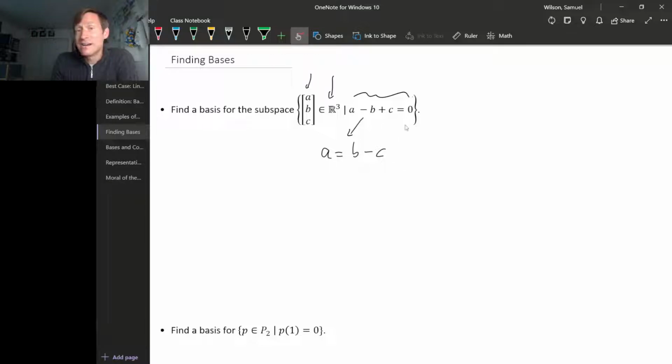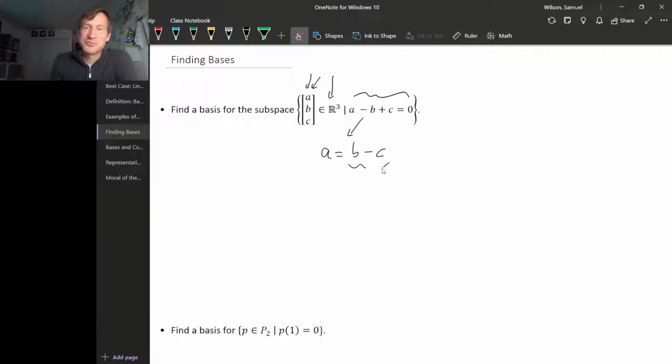If you had other equations, or other relationships between the entries in this vector, you could add those and then do some sort of row reduction to get a good description of pivot variables in terms of free variables.